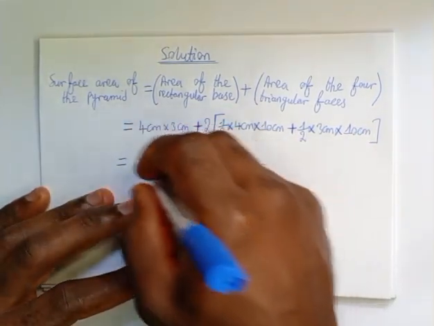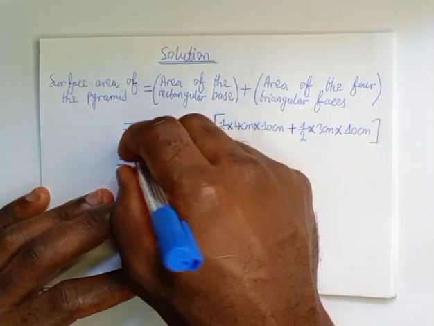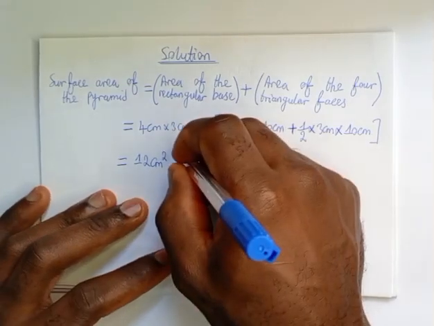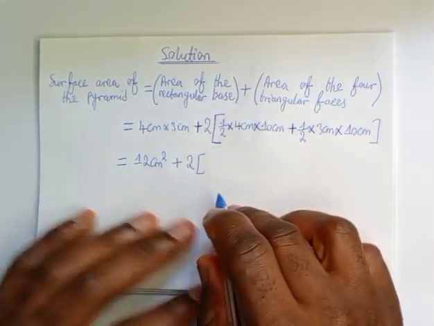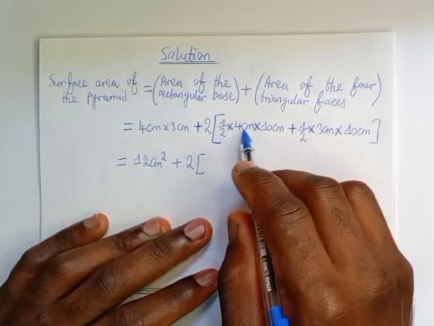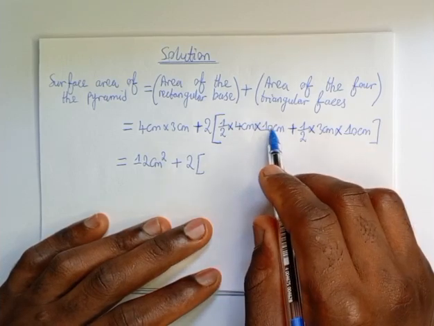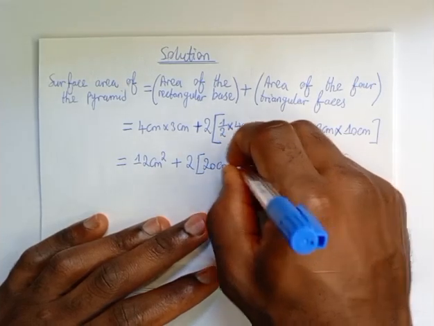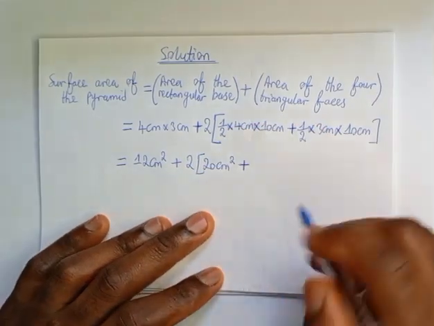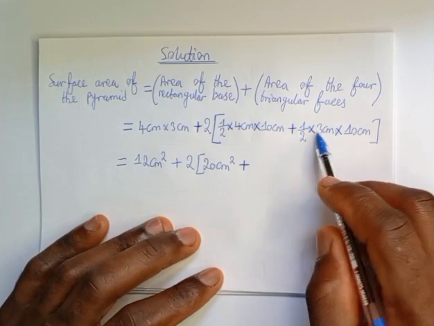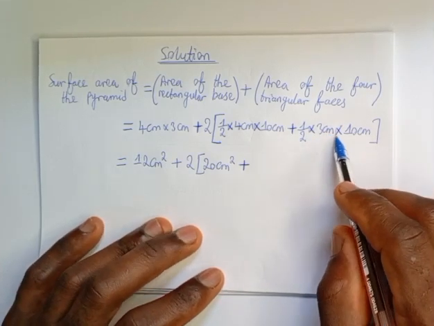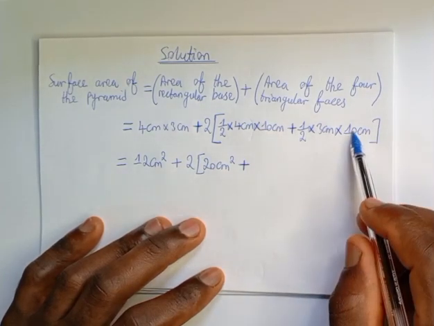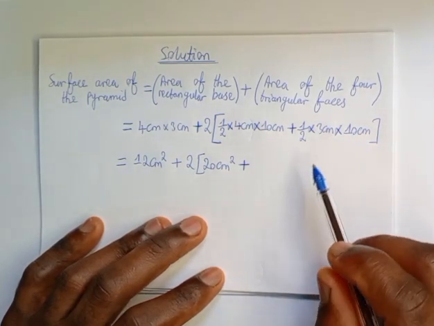This will simply be equal to 4 centimeters times 3 centimeters gives us 12 centimeters squared, plus 2 times a half times 4 centimeters gives us 2 centimeters. 2 centimeters times 10 centimeters gives us 20 centimeters squared, plus a half times 3 centimeters gives us 3 over 2 centimeters. 3 over 2 centimeters times 10 centimeters. 2 will go into 10 5 times.